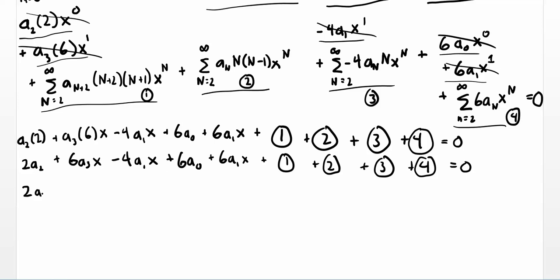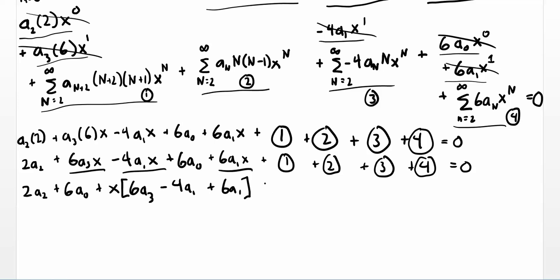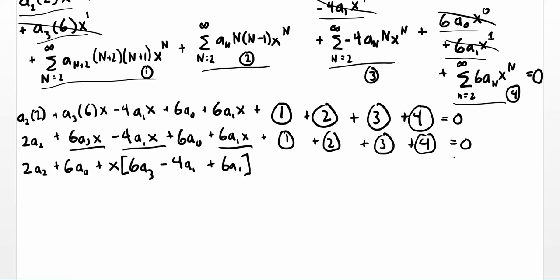So 2a2 plus 6a0 plus, factoring out x from this term and this term, 6a3 minus 4a1 plus 6a1, plus the series equals 0.